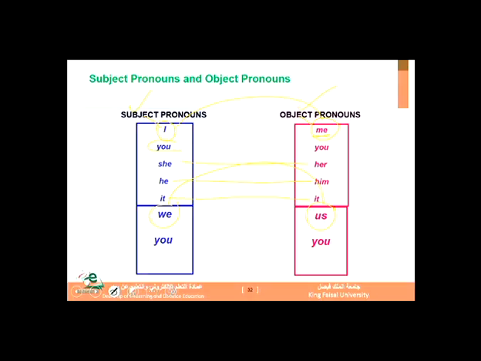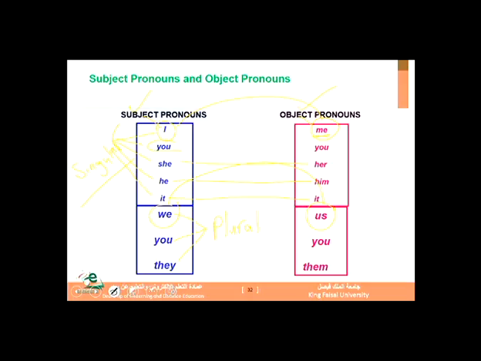So we becomes us, you stays as it is, it does not change, and the word they becomes them. So those are the plural pronouns, while I, you, she, he, it, those are the singular.